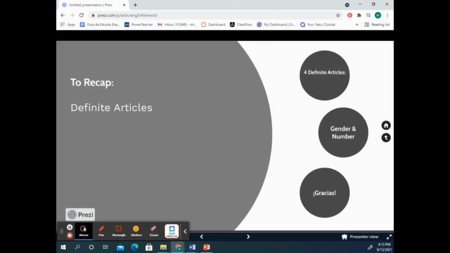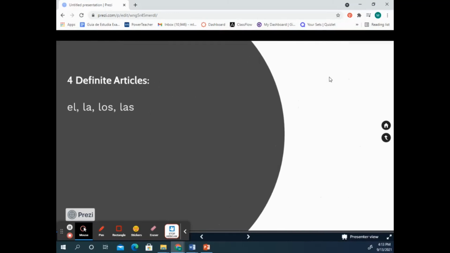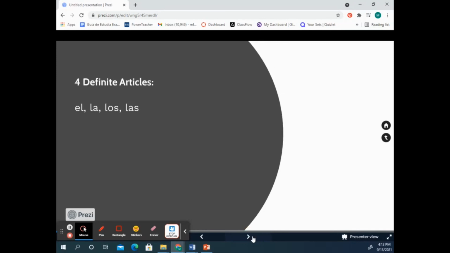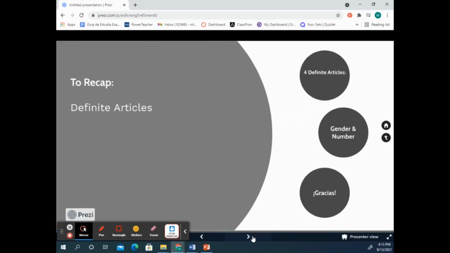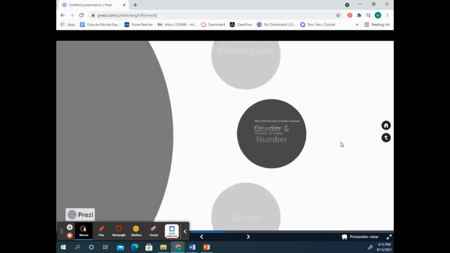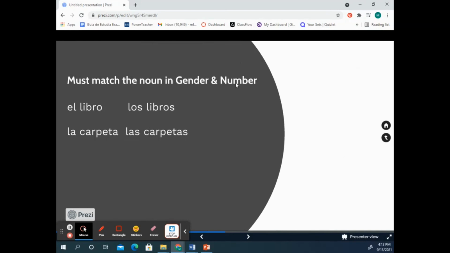All right, so just a quick recap on what we looked at today. Definite articles is what we were talking about. There are 4 of them in Spanish: el, la, los, and las for masculine, singular, feminine, singular, masculine, plural, and feminine, plural. All right, and if you remember, when working with nouns and definite articles, those definite articles always have to match in gender and number, meaning masculine, feminine, singular, plural.